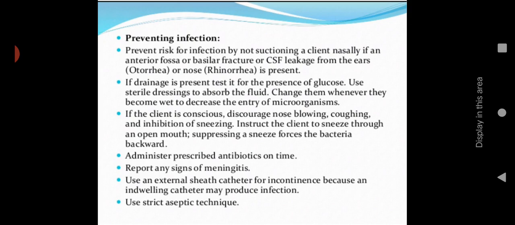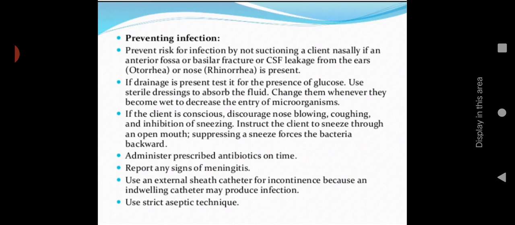It can lead to infection. If drainage is present, test it for the presence of glucose. If any drainage is there, then you have to check for the presence of glucose. Always use sterile dressing to absorb the fluid. Change them whenever they become wet to decrease the entry of microorganisms. So, in order to prevent microorganisms, we have to always follow a sterile aseptic technique.